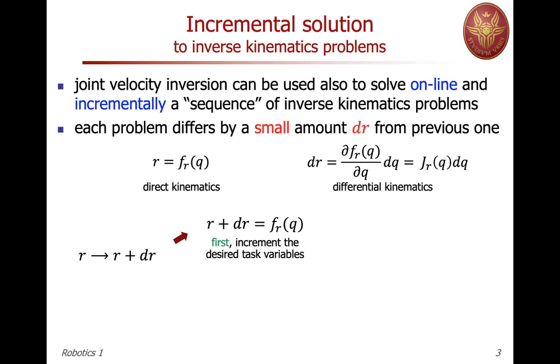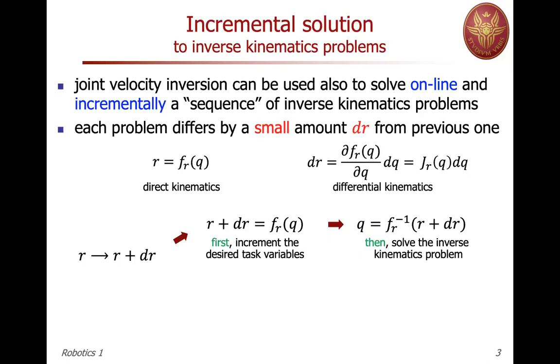Now we have incremented this, so this is a good initial guess. So we solve this problem, and we have a new configuration to provide to our low-level controller, which should move to this configuration now. So this is purely with inverse kinematics.